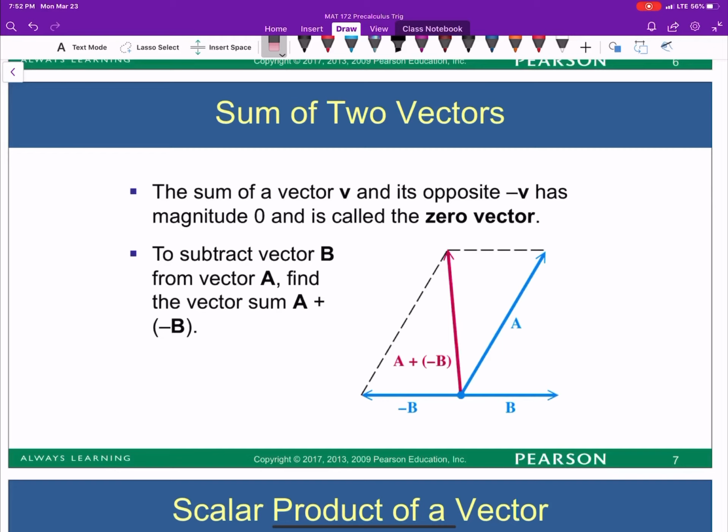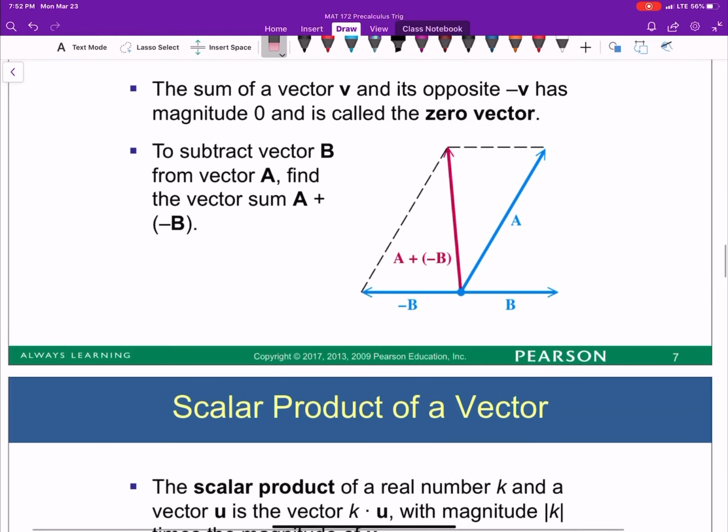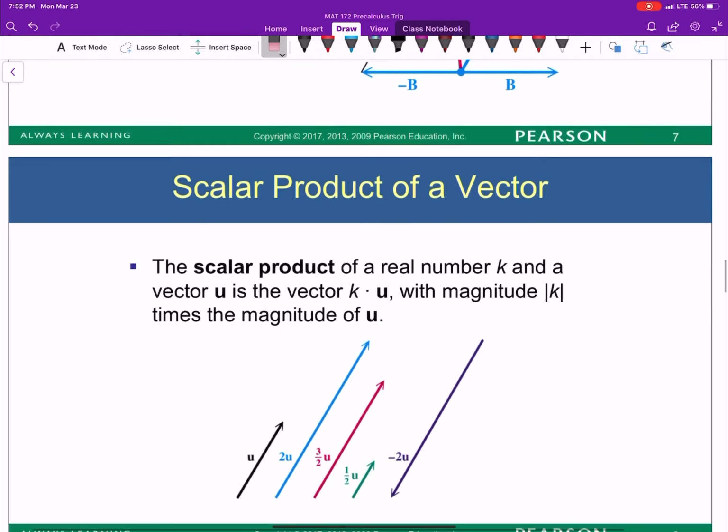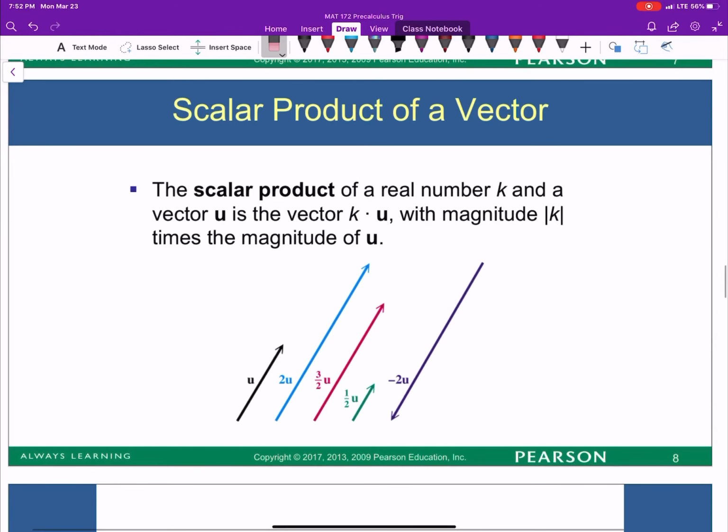Now let's start to look at scalar products of vectors. The scalar product of a real number k, which is going to be our scalar, and a vector u is the vector k times u, with a magnitude of k times the magnitude of the vector u.